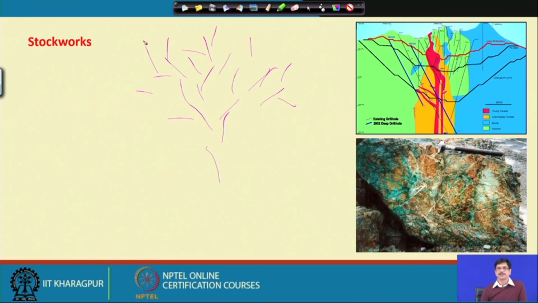develops a reticulate kind of fracture pattern, which is generally known by a term called stockworks.